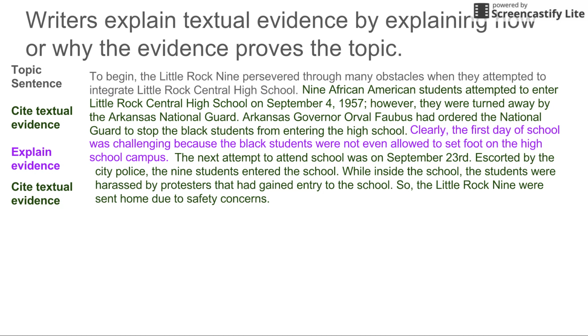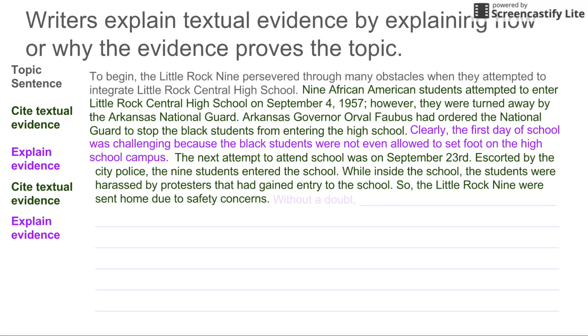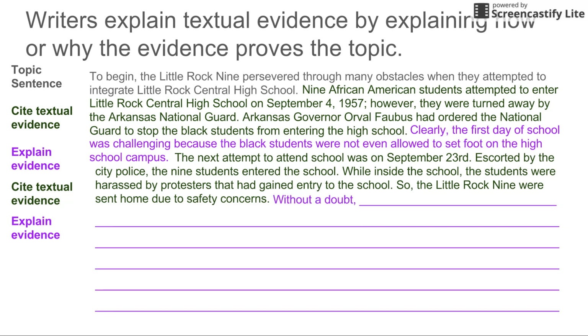So, the incident on September 23rd is also an obstacle that this particular group of students had to overcome. Now it's my job to explain how or why this particular text evidence proves the topic, that it was an obstacle. And this is where you are going to practice explaining the evidence. I gave you the transition phrase without a doubt.